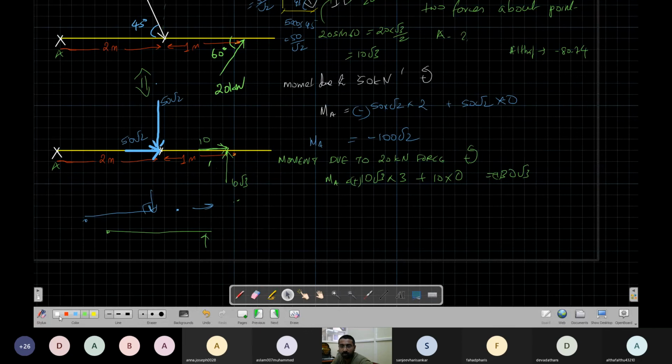My net moment is equal to the moment due to the first force plus the moment due to the second force. So calculating, minus 100 root 2 plus 30 root 3 gives minus 89.44.